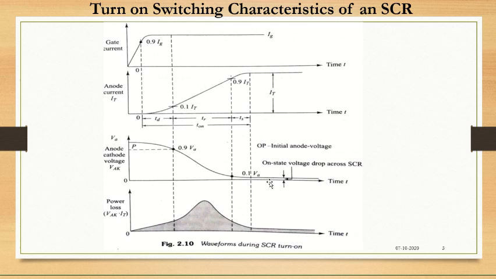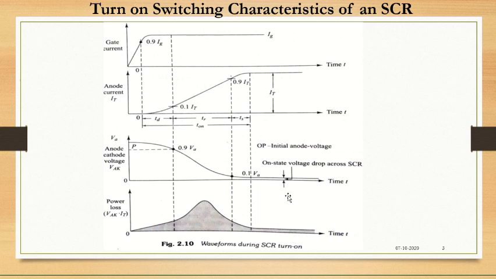All right, and just to recall, as I mentioned, the drop across the device, typically across the SCR, will be 1 to 1.5 volts. This you have to remember. Some textbooks give that it can vary from 1 to 2 volts, or 1.2 to 2 volts.